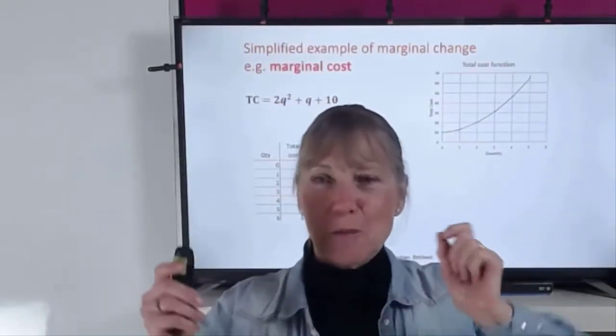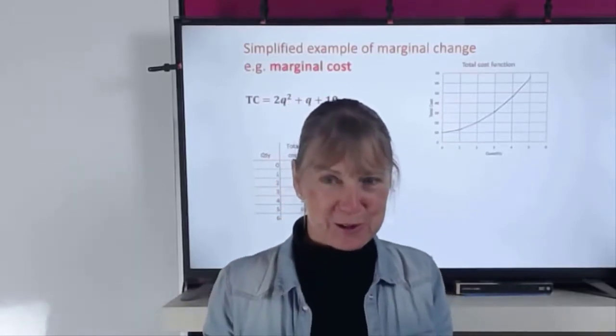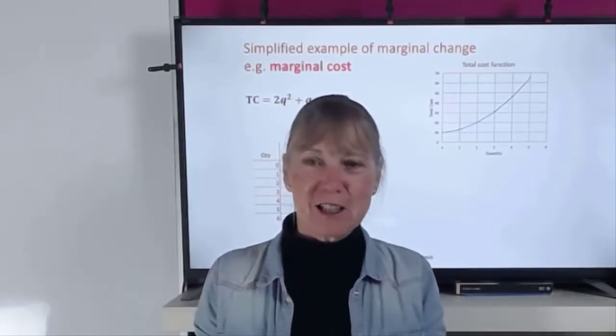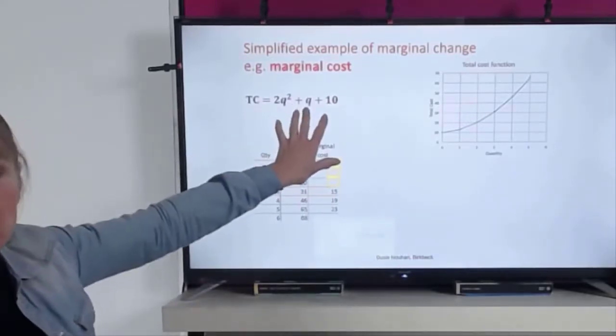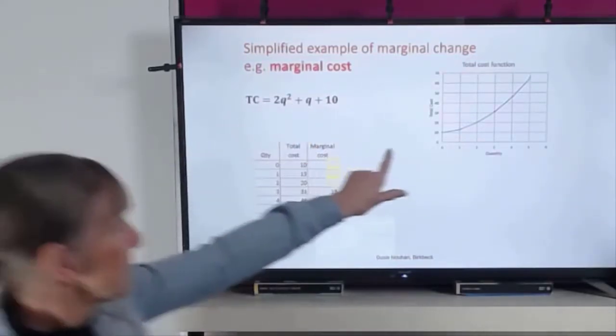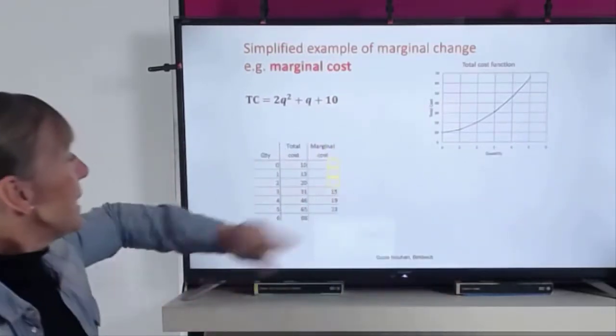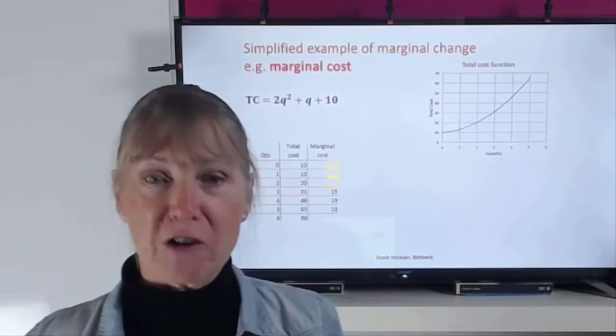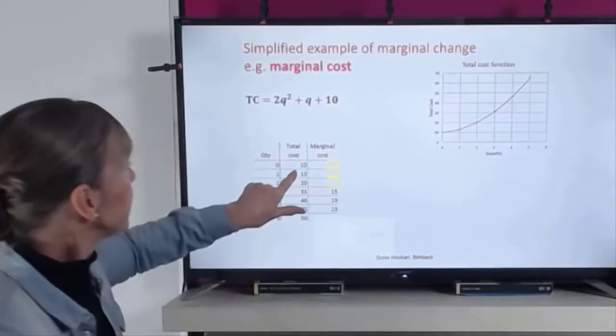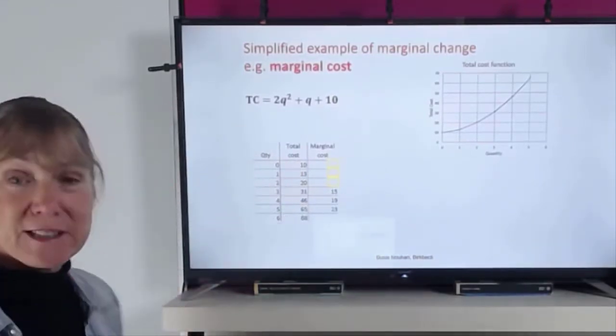So until we get to know more sophisticated mathematical tools around marginal change, let's have a little look at some numbers from a table. Here's an example of a total cost function, which happens to be a quadratic. And we're looking at the marginal cost of producing one more at various levels of output. Inherent in here is that there's a fixed cost.